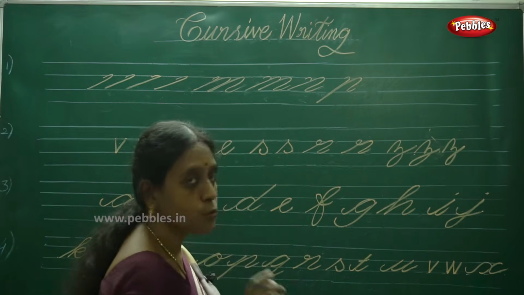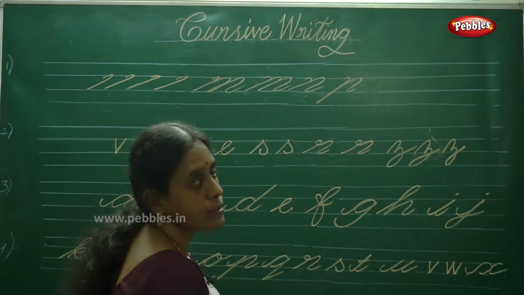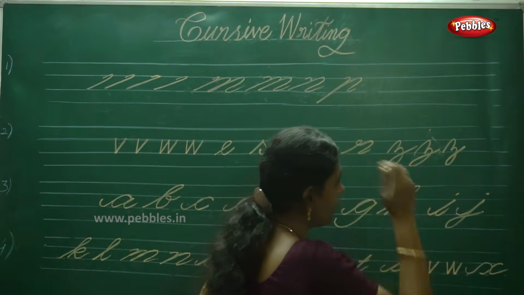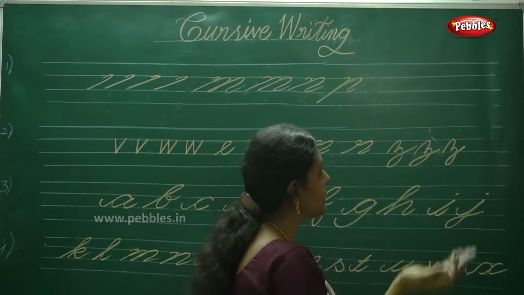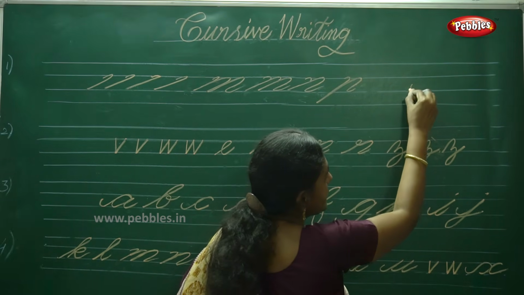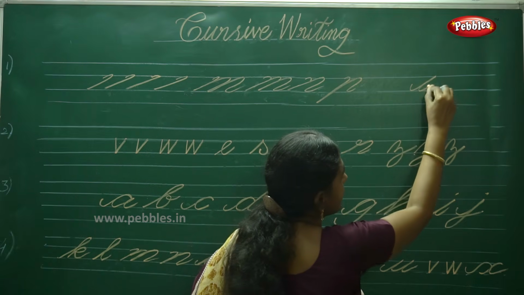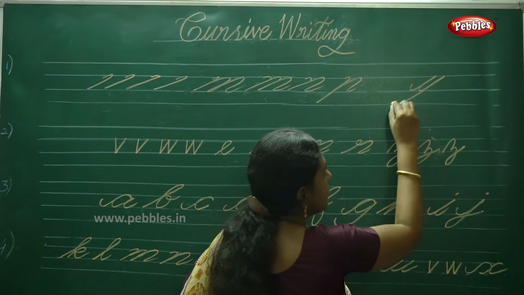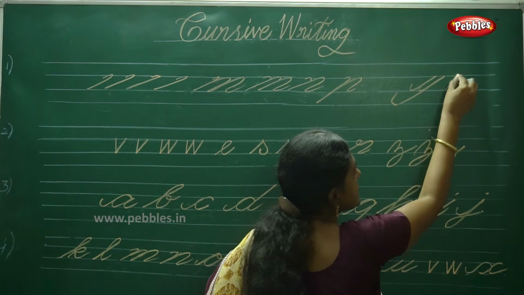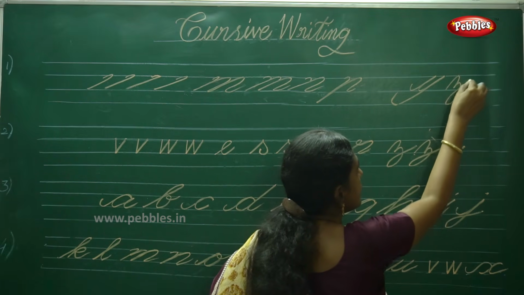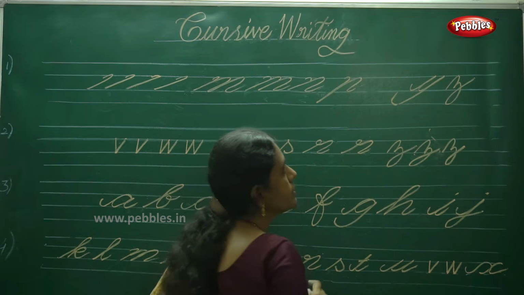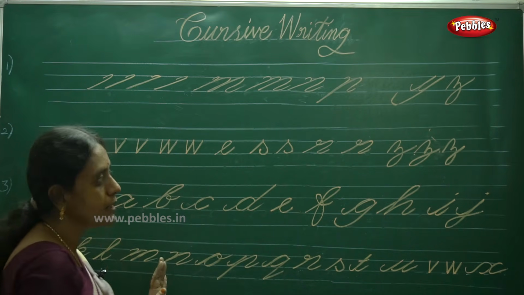Okay, then only two more letters remain. I have to write them at the top side of the board. After X, that is Y and Z. Listen here. Y is a tick stroke. Y and Z. Here we wrote this Z. So that's it.